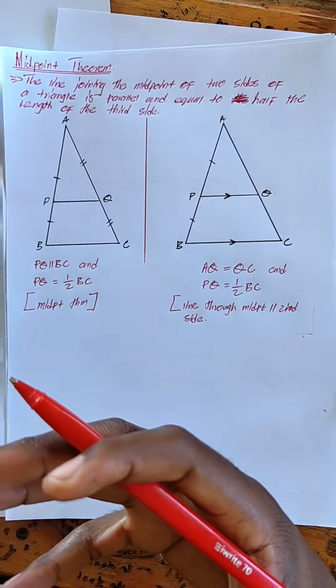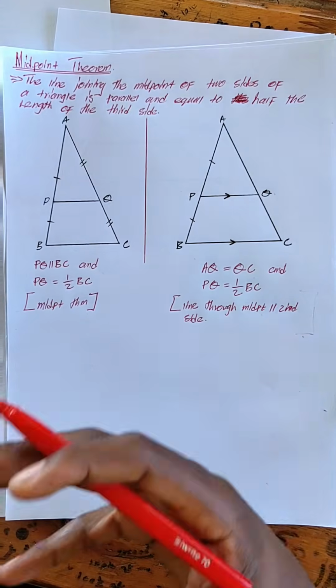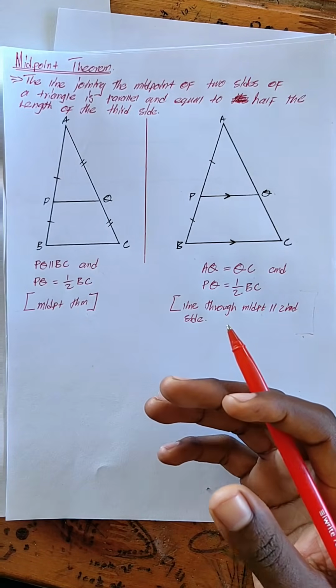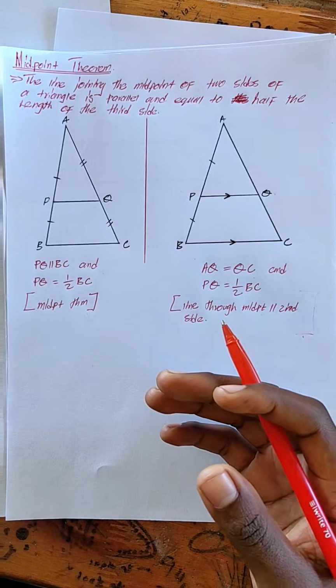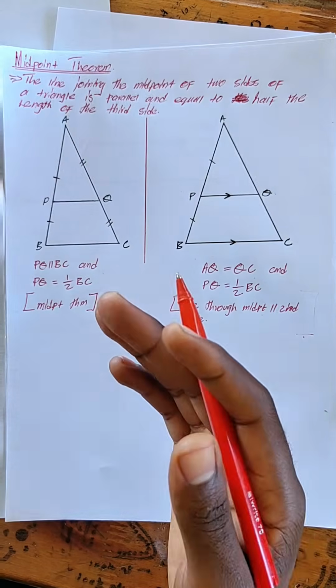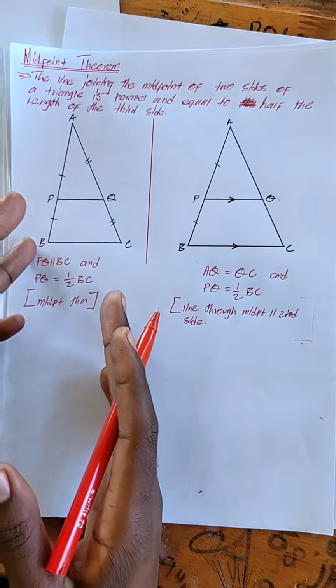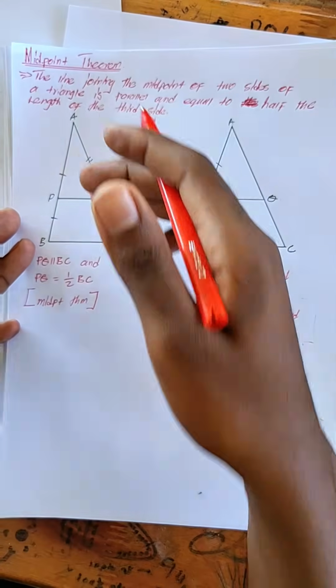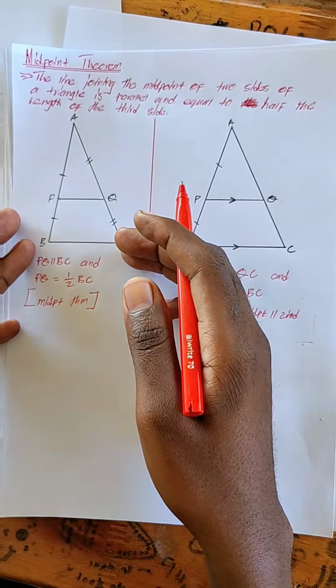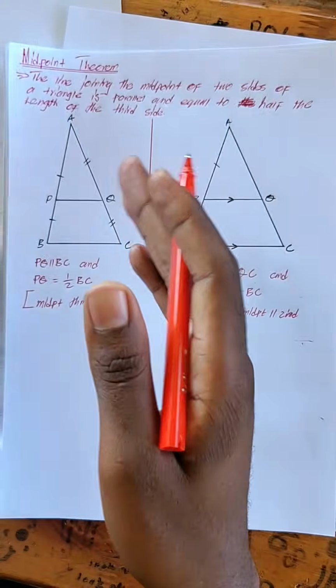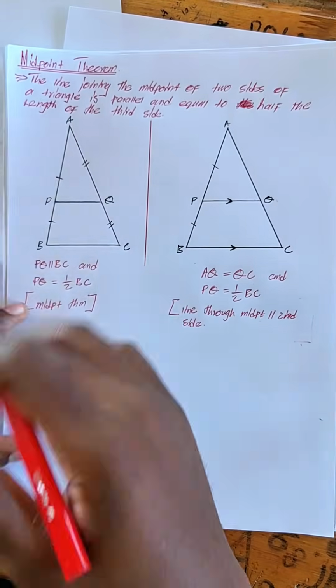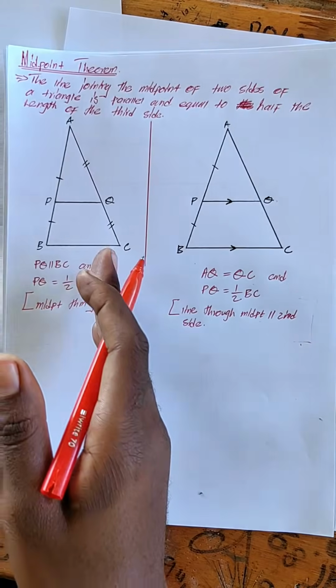In simple terms, you must always take note that you would only make your conclusion on the midpoint theorem if you are given that this side is equal to this side and that side equals that side. From that, you can say this one is parallel to this one and this one is half the length of this one.